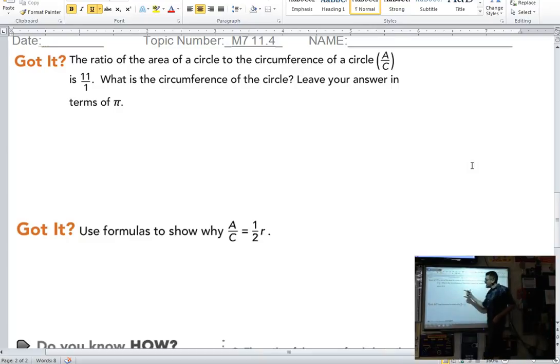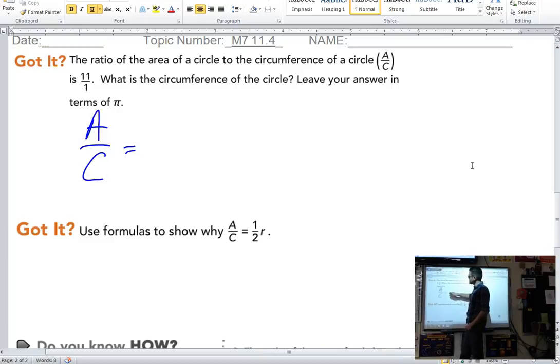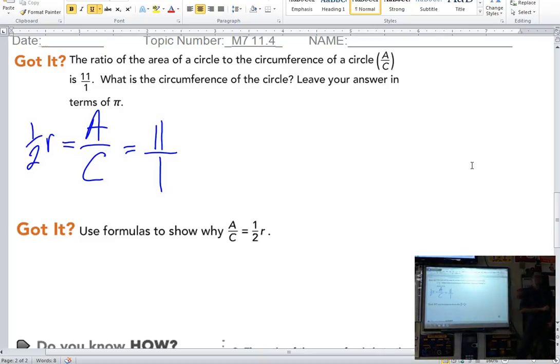If they tell me that the area divided by circumference is 11, well, we actually know that area divided by circumference is half your radius. So that tells me that 11, you should be writing this down, is really my radius divided by 2, or that 11 is half of my radius.